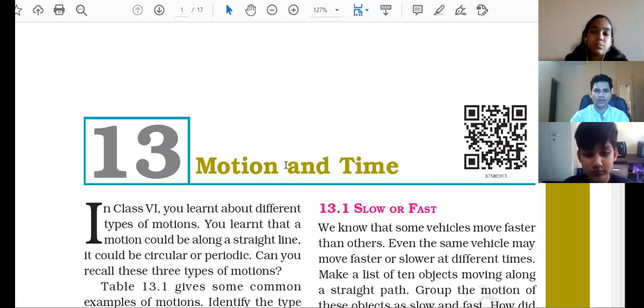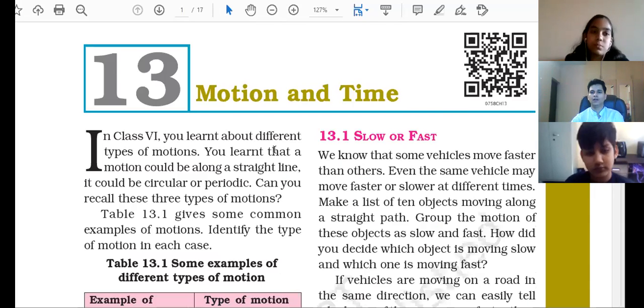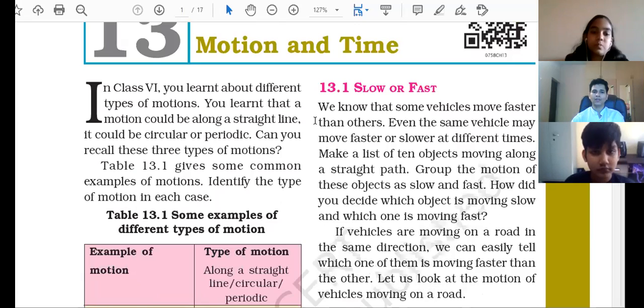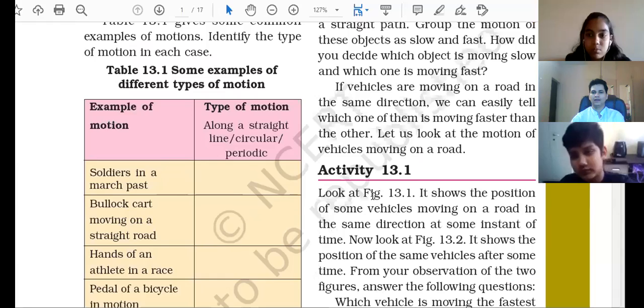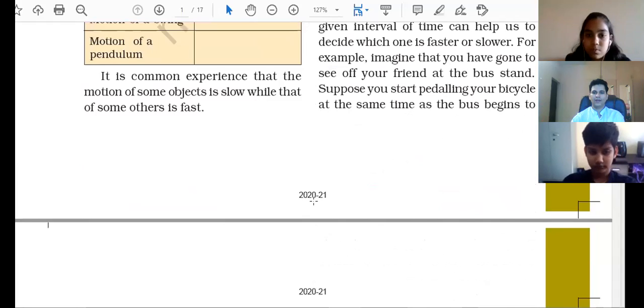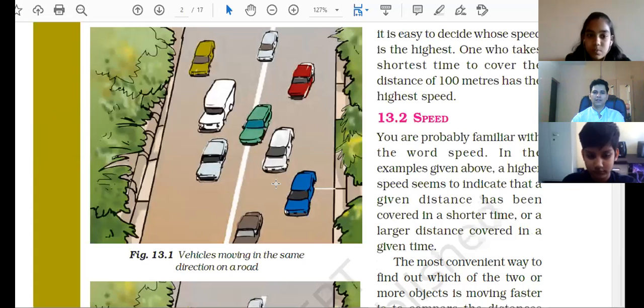This is your NCERT textbook. The first concept that we have to study is slow or fast. I hope everyone knows the meaning of slow or fast. Then there's one activity, the vehicles moving on the road, some very fast, some moving slow.